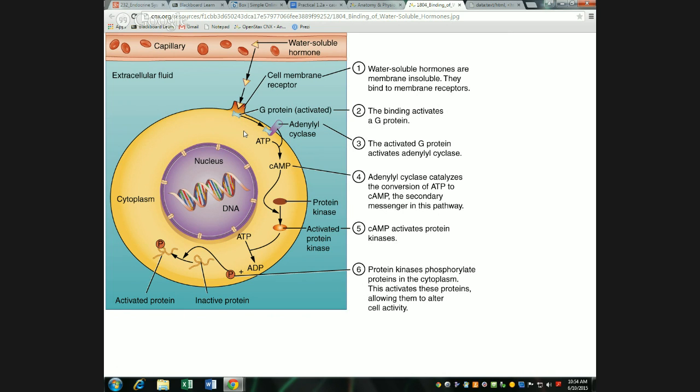But neurotransmitters can also work through a different type of receptor, which is the type that you met last semester, which is an ion channel that opens when a neurotransmitter binds to it. So when you learn about the neuromuscular junction and acetylcholine, you learn that there's a channel that opens when acetylcholine binds to it. Okay.